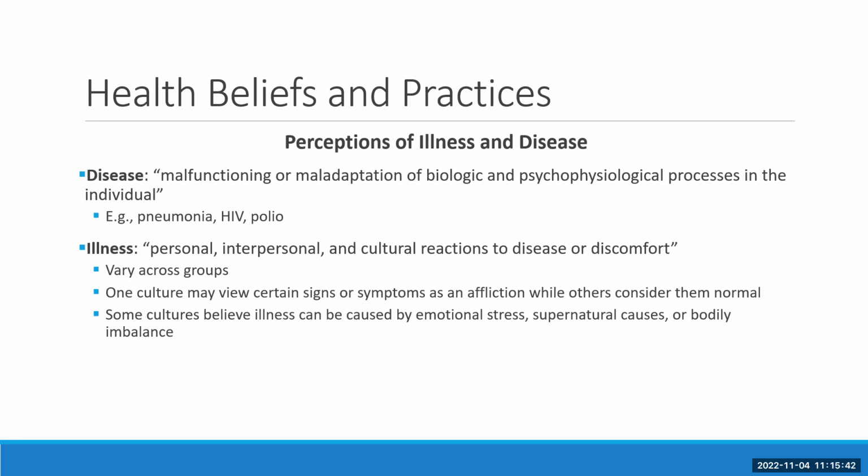We had some examples like cultures believing in body imbalance, like hot and cold, and that being a symptom or sign of illness, or emotional distress, supernatural causes like being bewitched or cursed, and that resulting in illness. So these are very culturally specific and align with the definition of illness.